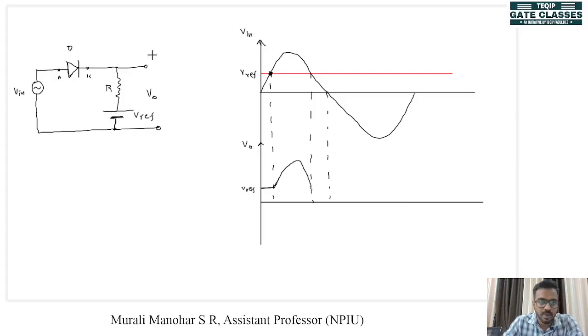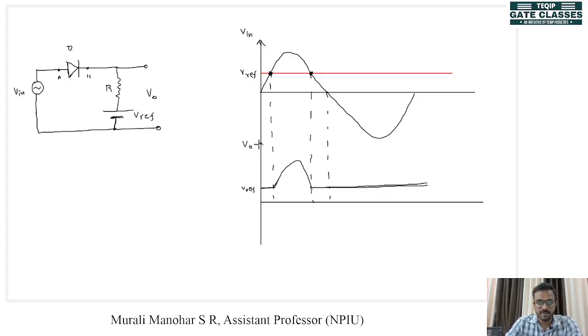And up to what point will it go? Up to this point. After this point, again the anode voltage falls below the cathode voltage and the output voltage is again clamped to the reference voltage, and during the entire negative half cycle this goes on. So this is the output of our circuit.